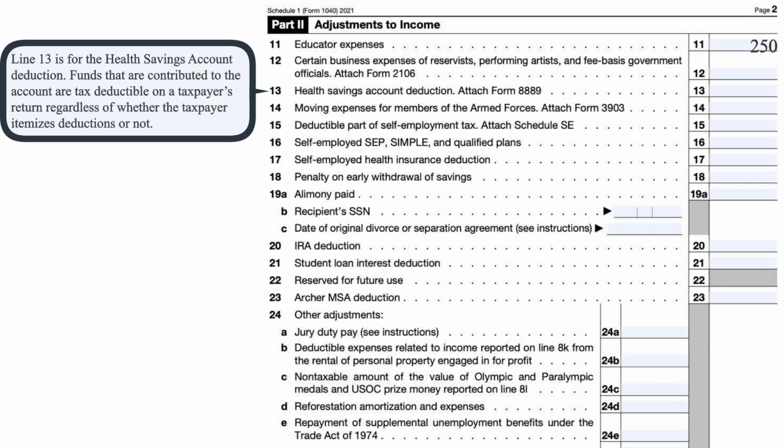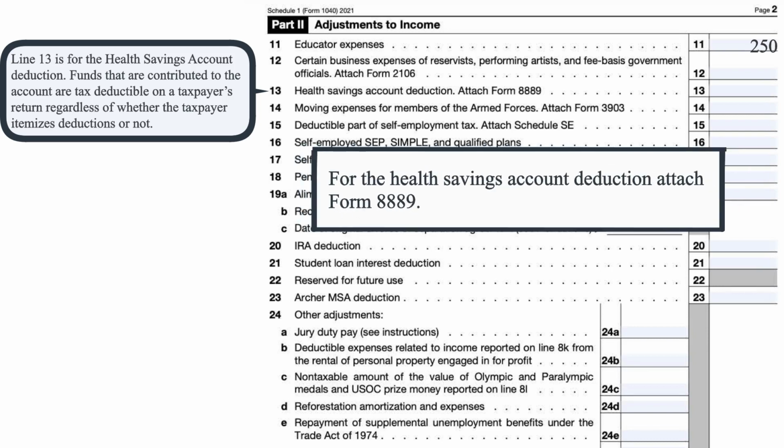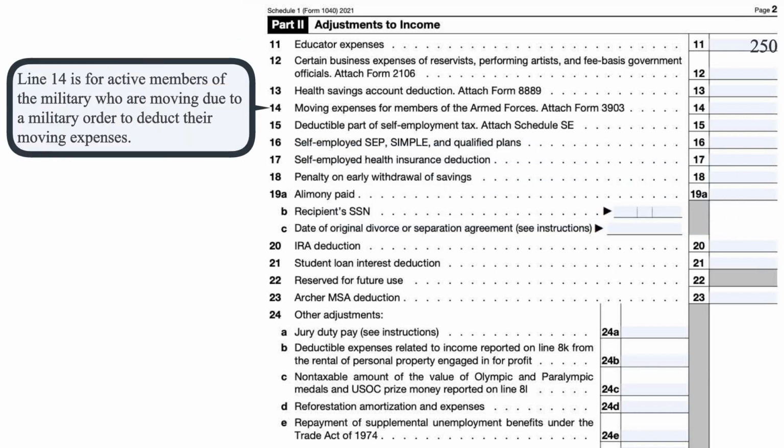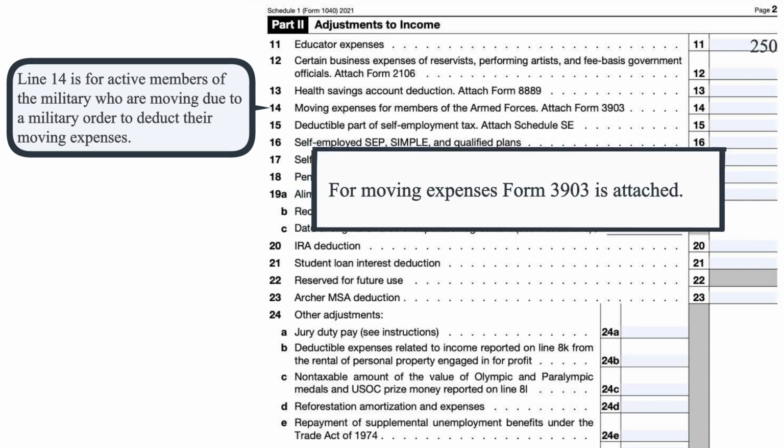Funds that are contributed to the account are tax deductible on a taxpayer's return, regardless of whether the taxpayer itemized deductions or not. Line 14 is for active members of the military who are moving due to a military order. They can deduct their moving expenses on this line.